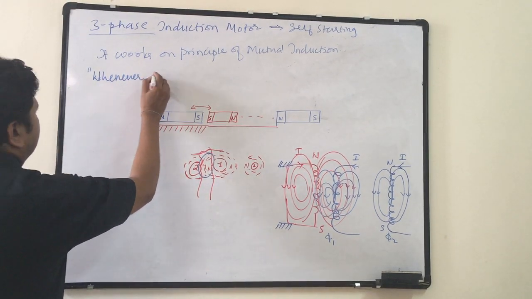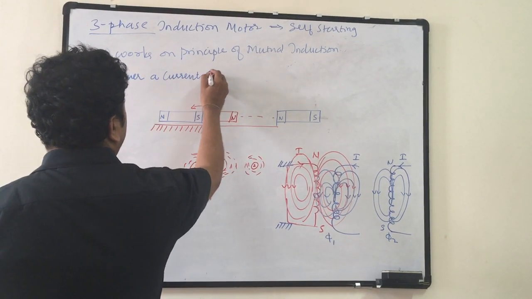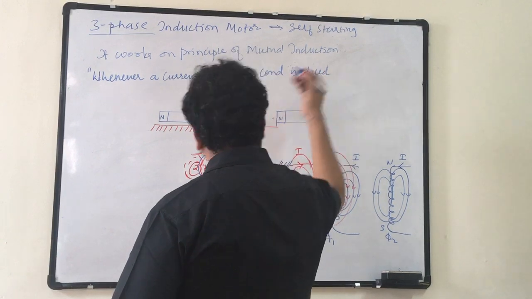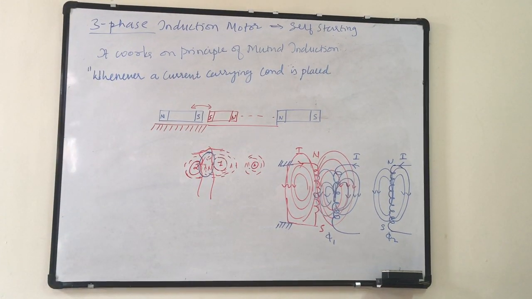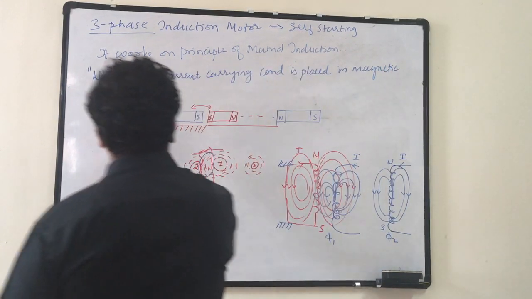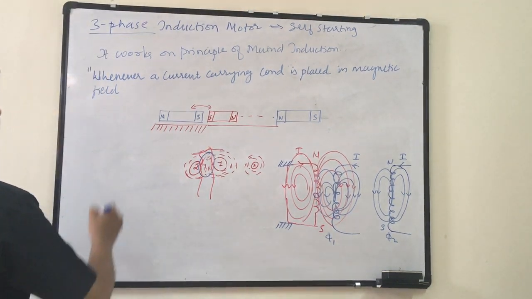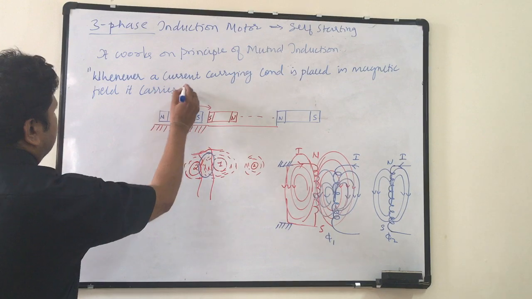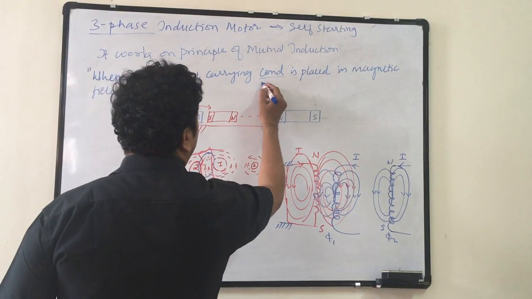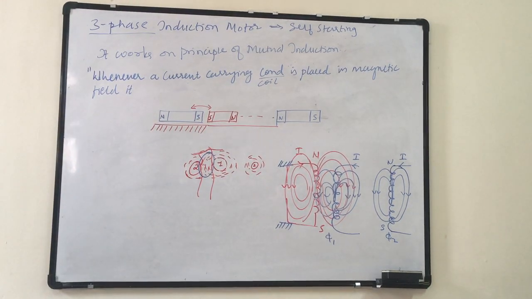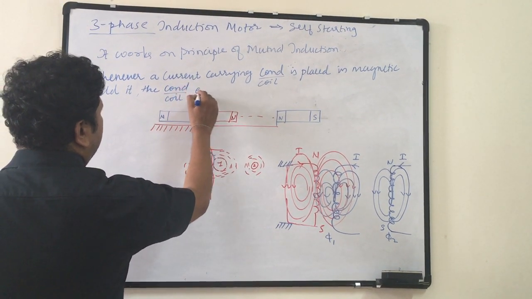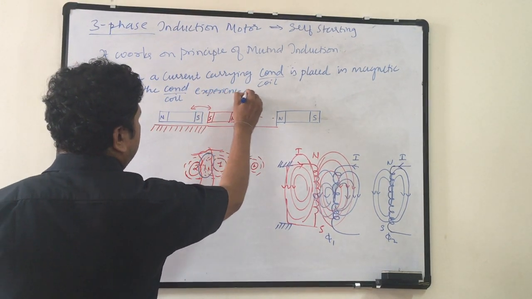Whenever a current carrying conductor is placed in a magnetic field, sorry, a current carrying conductor placed in a magnetic field, or I can call it a current carrying coil, whatever, the conductor or coil experiences a mechanical force.